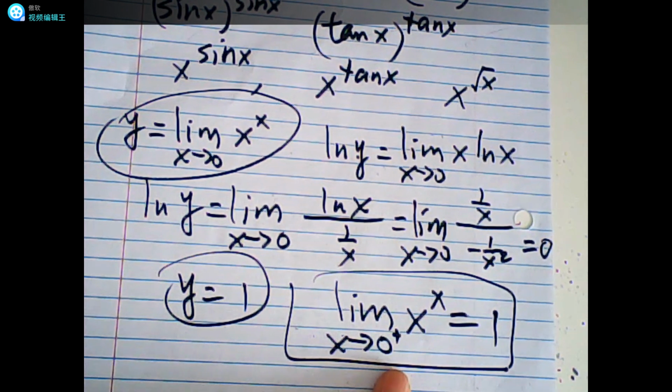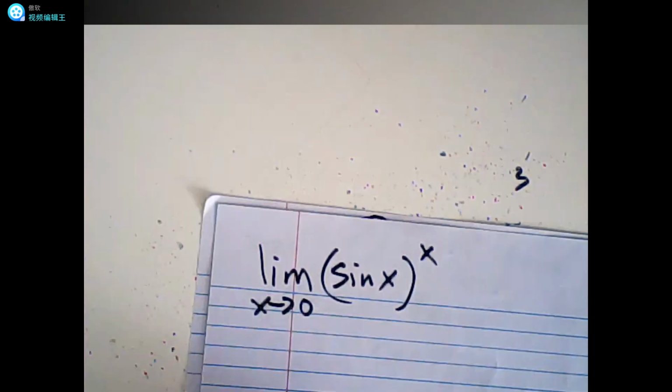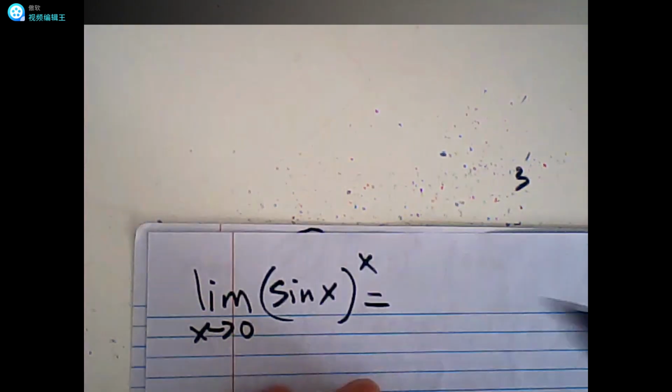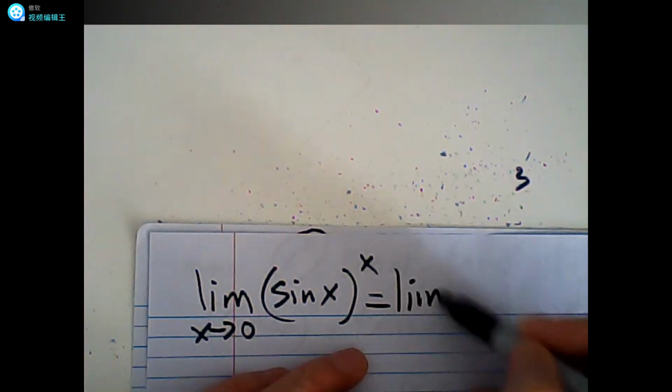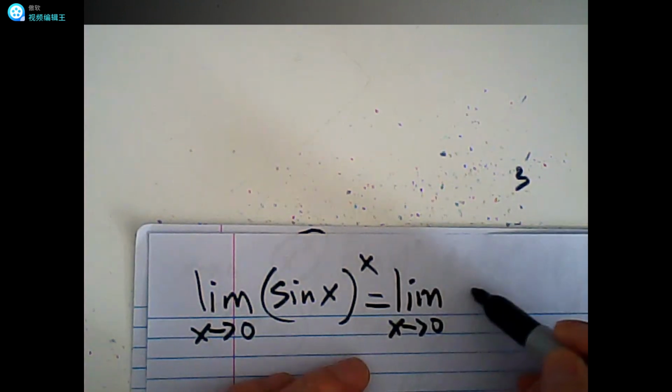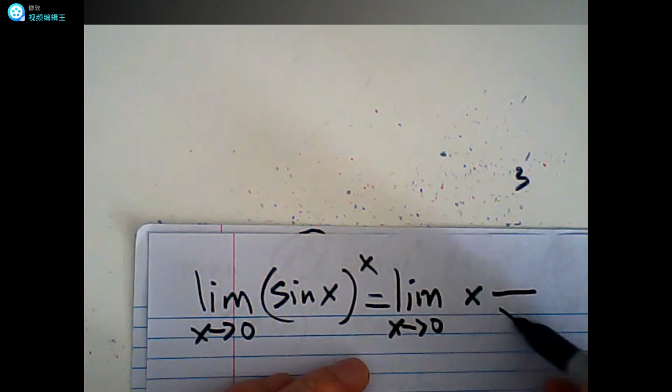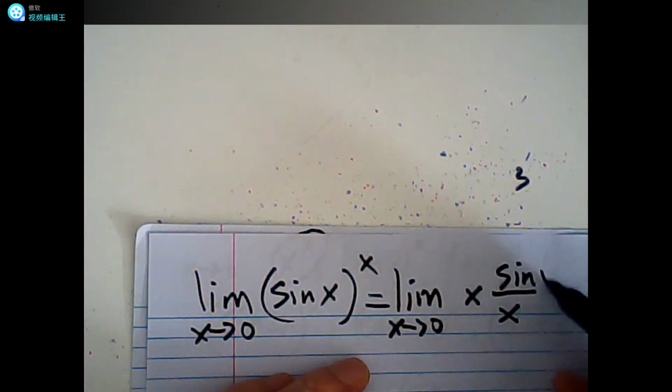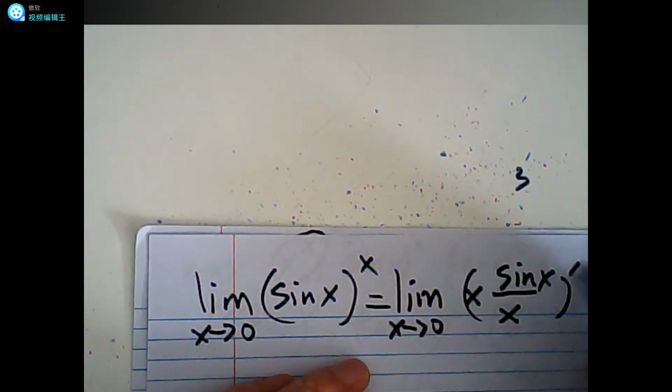Now, I consider this my basic formula, right? So this is equal to the limit as x goes to 0 of x times sine x over x, to the power of x.